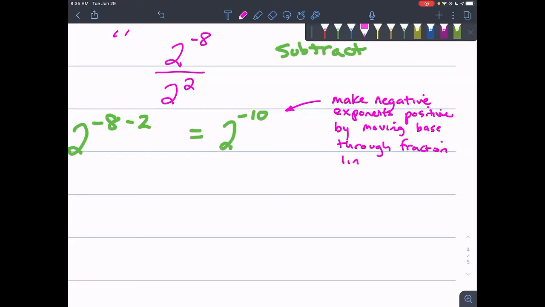So I'll give you a second to write that. Make the negative exponents positive, which you'll have to do. It's going to want you to put in all your exponents as positive. Make the negative exponents positive by moving the base through the fraction line.